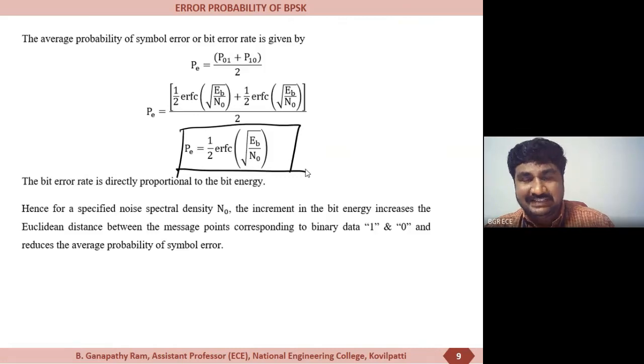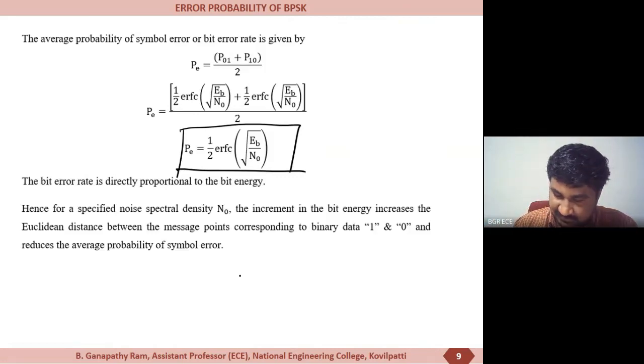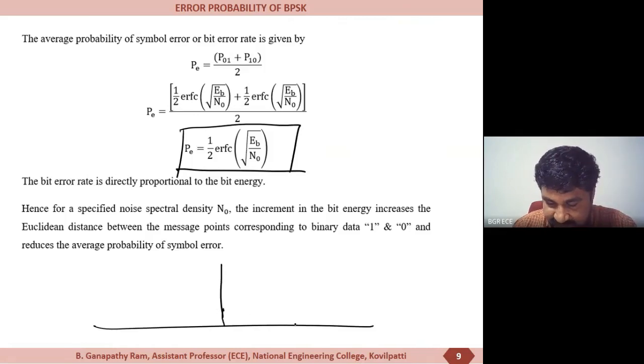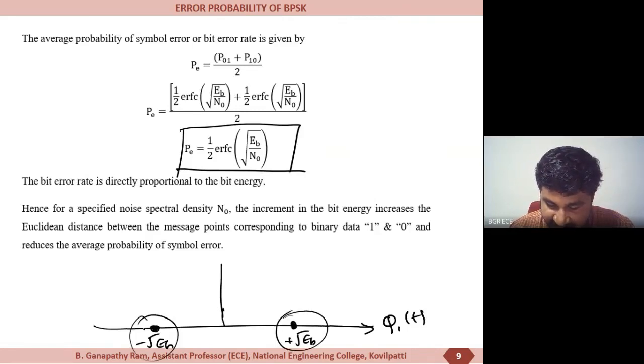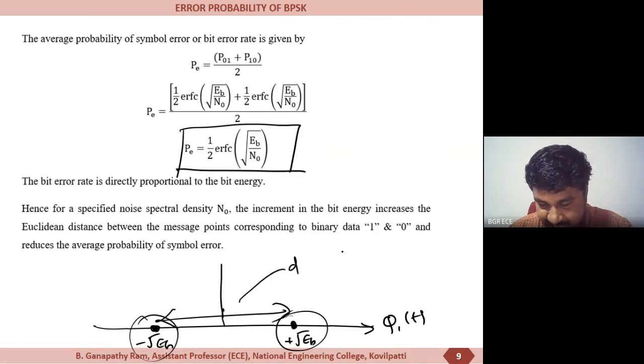If the bit energy is increased, if the energy per bit is increased, then the Euclidean distance will increase. If the square root of EB is increased in the signal constellation plot, then square root of EB and square root of minus EB are very far away. The distance d will be large.